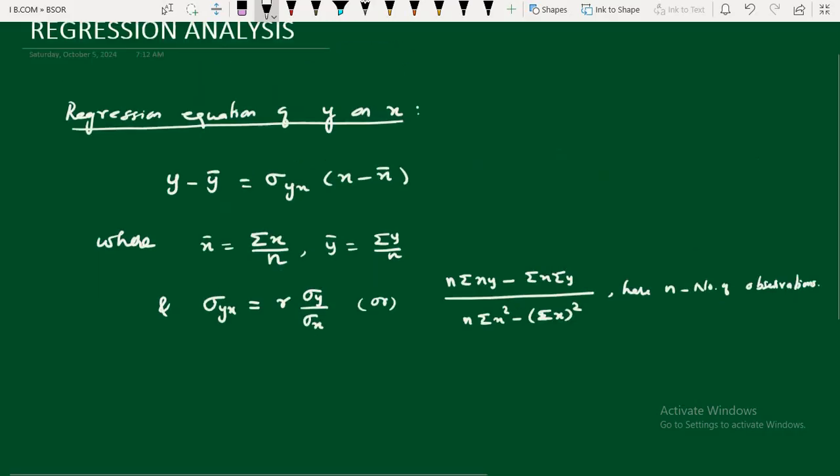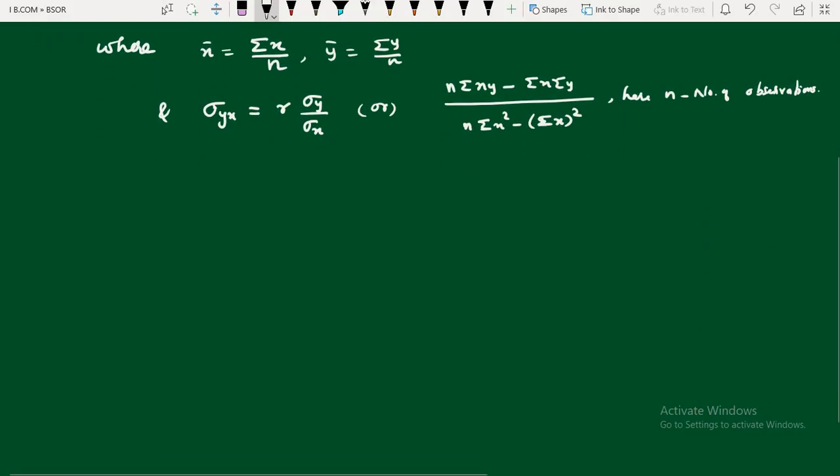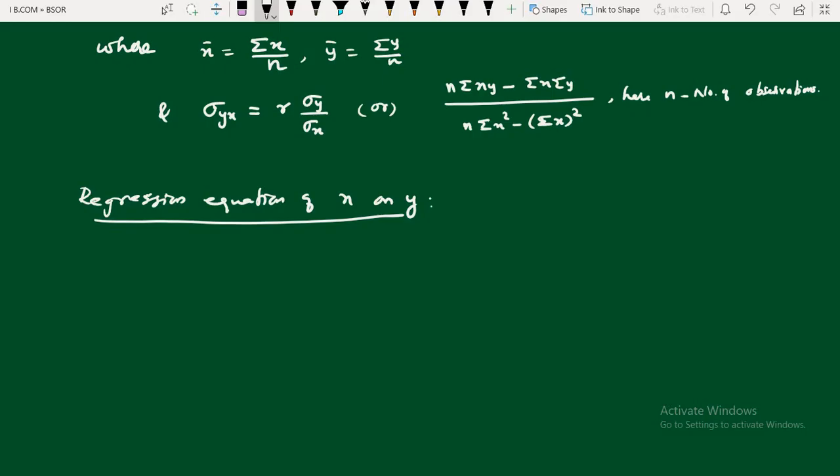Next, we go for the next regression equation, the regression equation of x on y. It is x minus x bar equals sigma xy into y minus y bar.